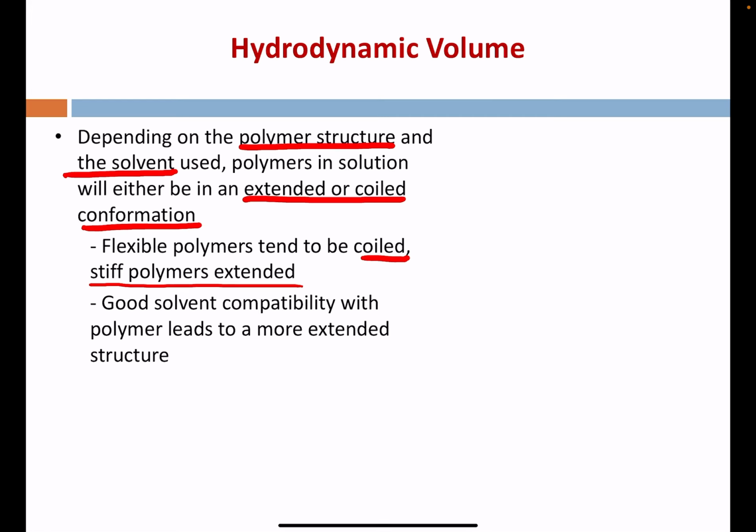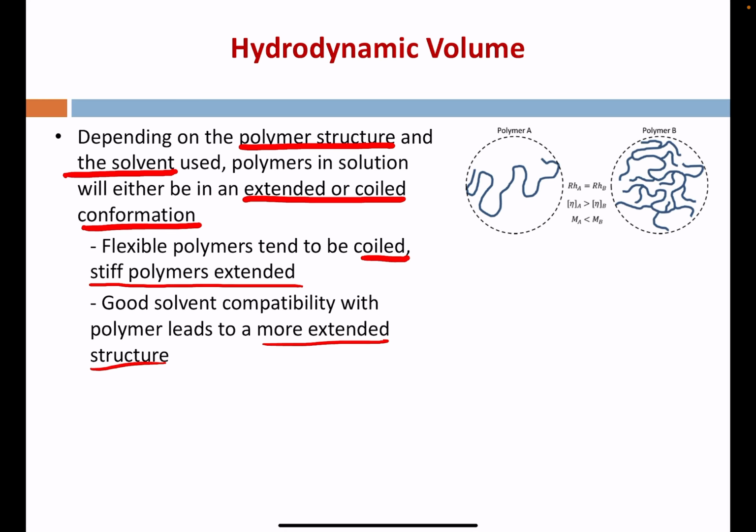Having good solvent compatibility with the polymer can lead to a more extended structure, therefore. So we can imagine the overall hydrodynamic volume as some arbitrary sphere that contains the macromolecules shown in blue here, as well as all the solvent molecules, as I'll sketch here as S, that help solvate and keep the chain in an extended conformation.